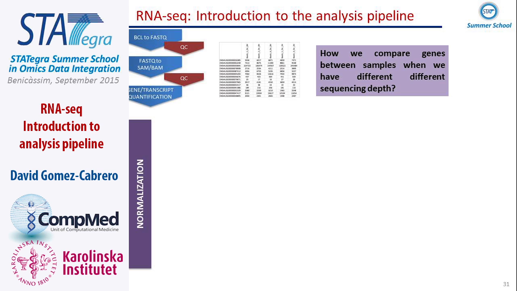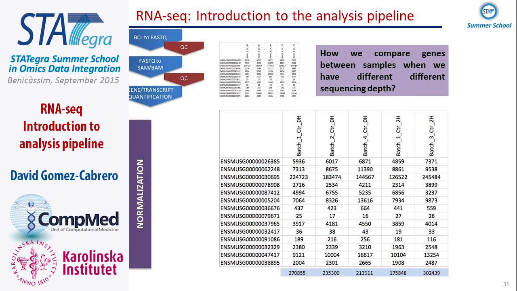This is exactly the kind of example you were giving. If I sum all the counts of this sample, this one, this one, and this one, look, this has a much smaller number of reads than this one, right? Then I cannot compare this versus this one.